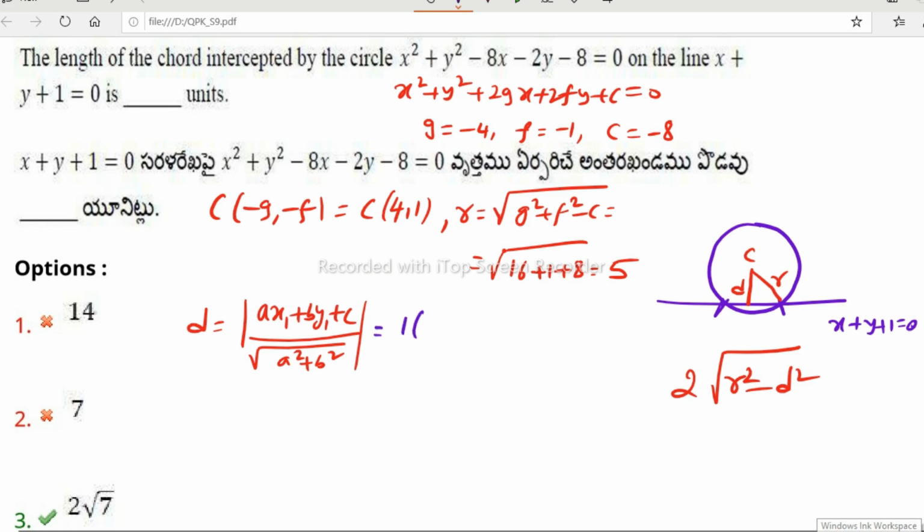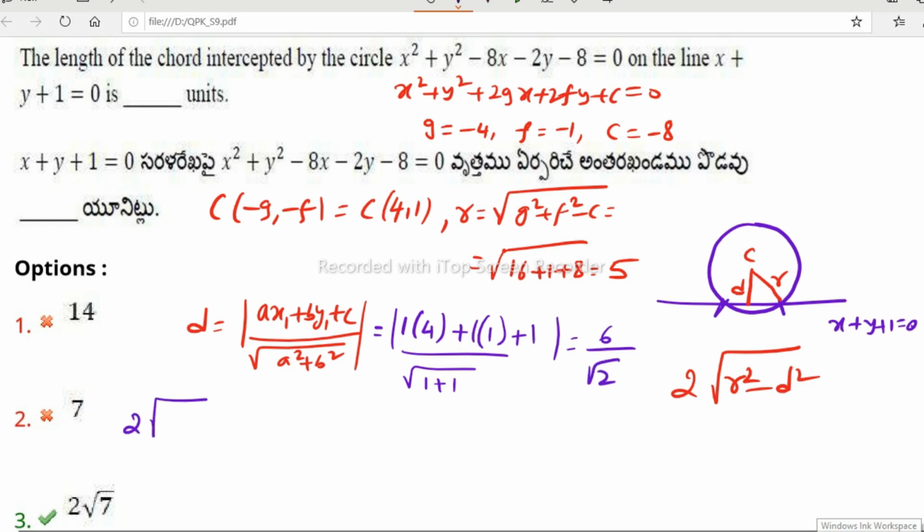The center is 4 comma 1: 1 into 4 plus b, that is 1 into the y coordinate of C, which is 1, plus the constant 1, by root over a square plus b square, that is 1 plus 1, which is 2, in modulus. This becomes 4 plus 1 plus 1, 6 by root 2. This is D. D we know, R we know. What is the length of the chord? 2 root R square minus D square.